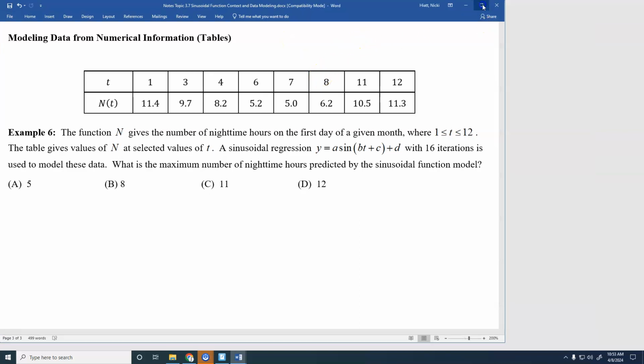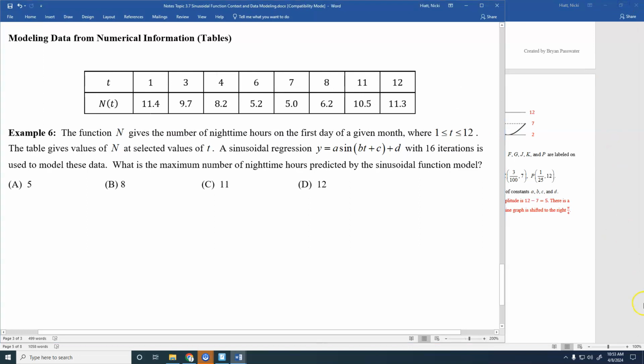Yeah, because it says regression. Okay. Let's see. I need to get my calculator out.